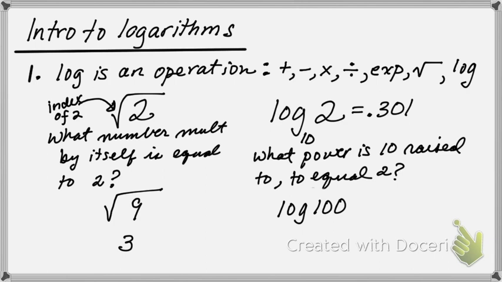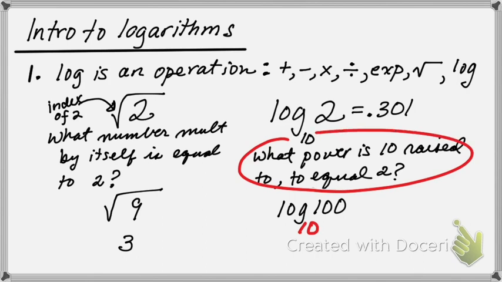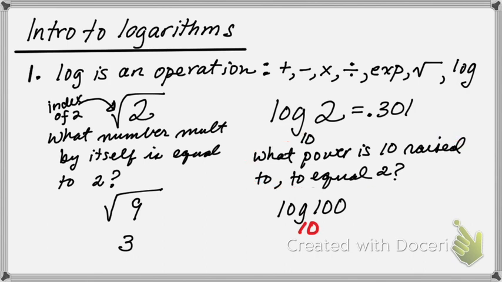One, that this is a base 10. The other thing is just how the log operation works. And I'm trying to tell you how it works right here. So I'll write it out again for this expression.